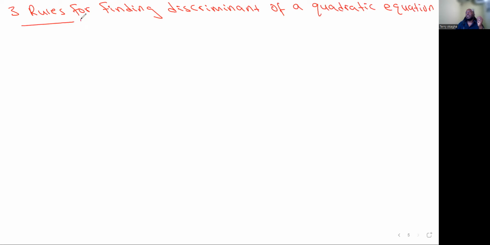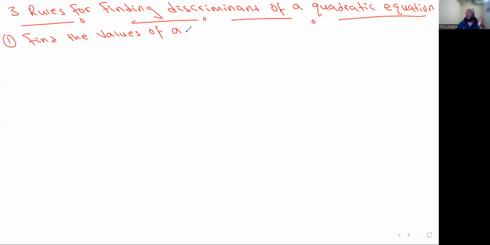What are the 3 rules for finding the discriminant of a quadratic equation? So the first thing, you need to first find the values of a, b, and c, all right? So you have to find the values of a, b, and c.